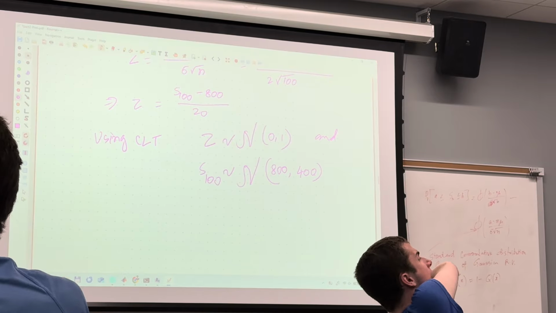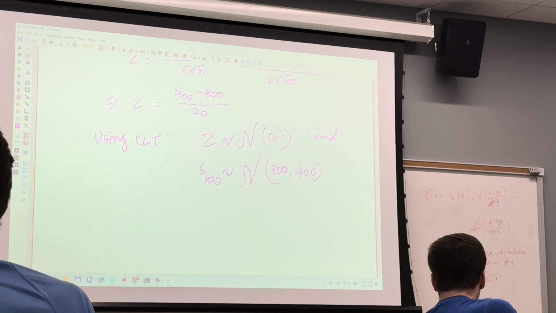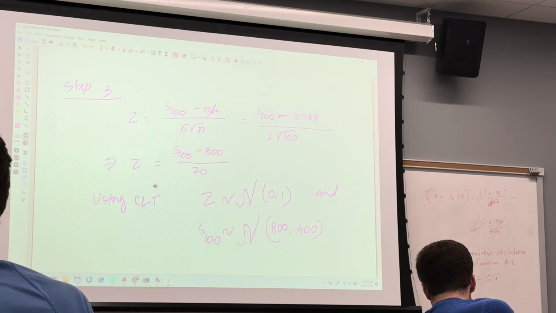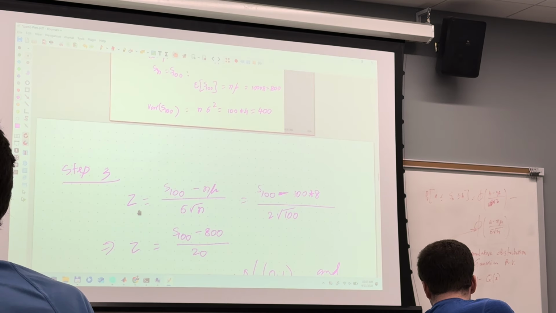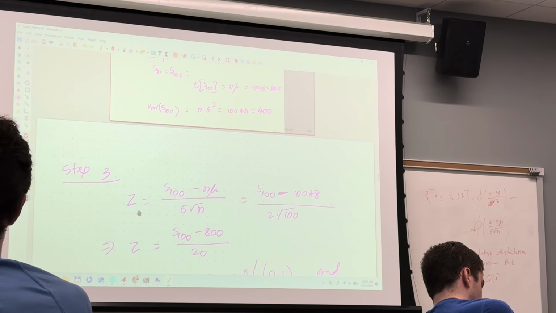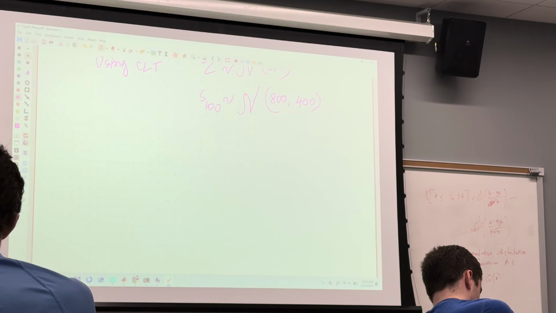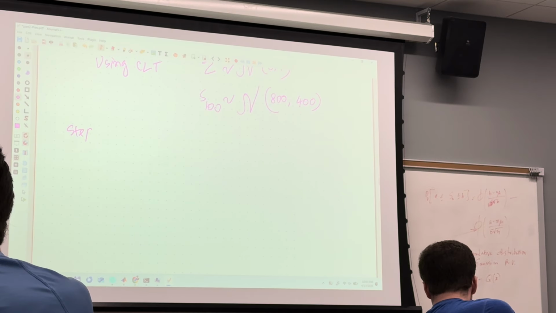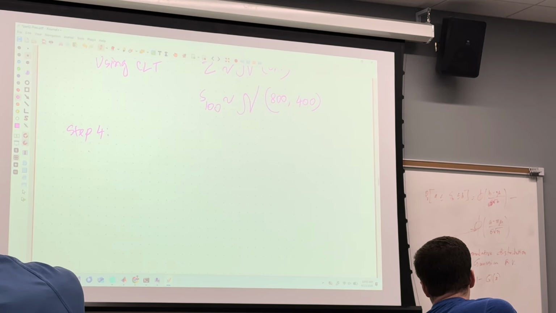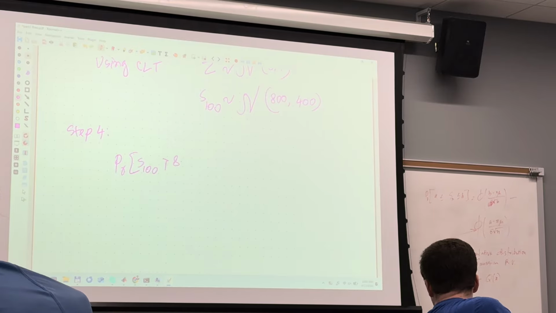Now it is time to compute the probability. Step 4: the probability that S100 is greater than $840.